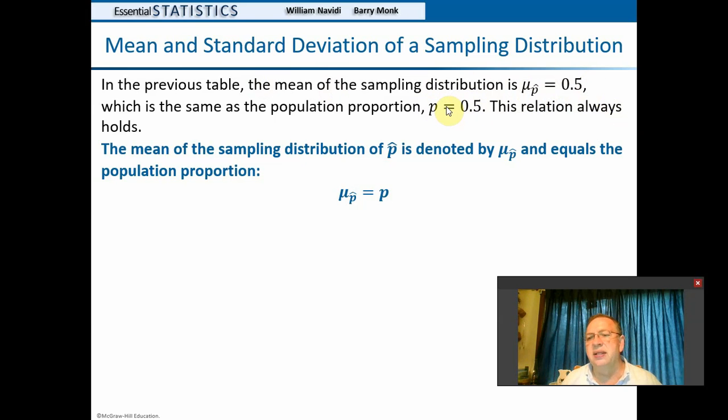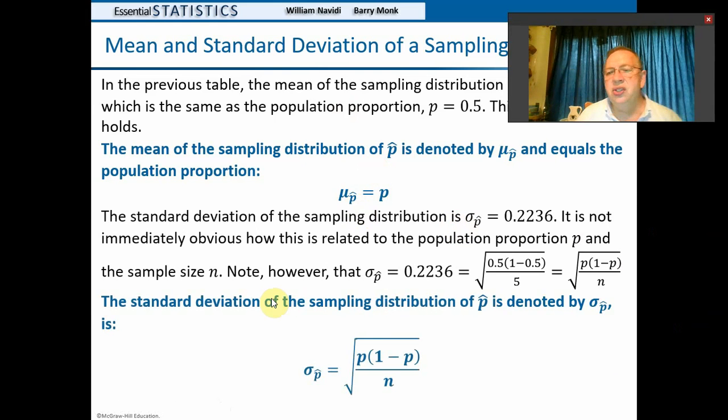In this case, it was the classical probability proportion of 0.5. Just like we use symbols for the mean of the sample means, we're going to use this symbol for the mean of the sample proportions. The mean of the sampling distribution of p-hat is denoted by mu of p-hat and equals the population proportion. So here we're going to be able to make statements about a particular p-hat. If we grabbed a particular sample, how would that compare? And this would be the mean that we would use.